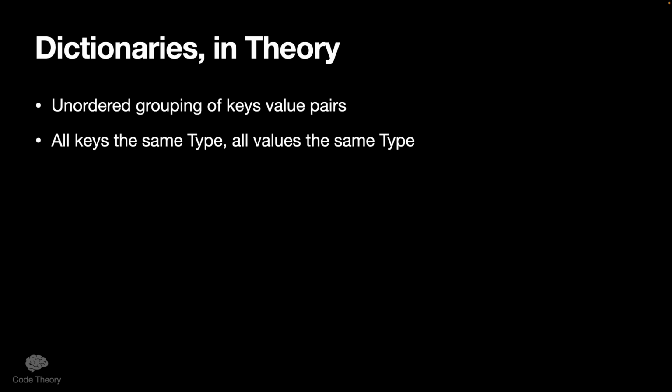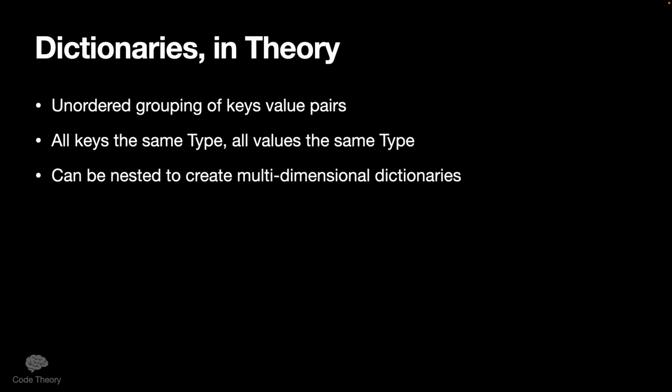You could think of it as two arrays, although it's really more like a set for the keys and an array for the values. You can nest dictionaries, so the value for a dictionary can in fact be a dictionary, which means you can get multi-dimensional dictionaries, just like with sets and arrays.